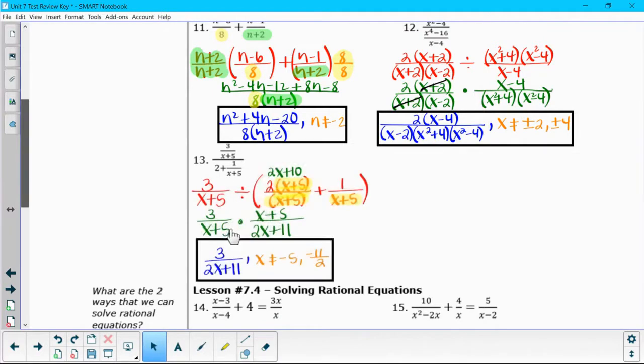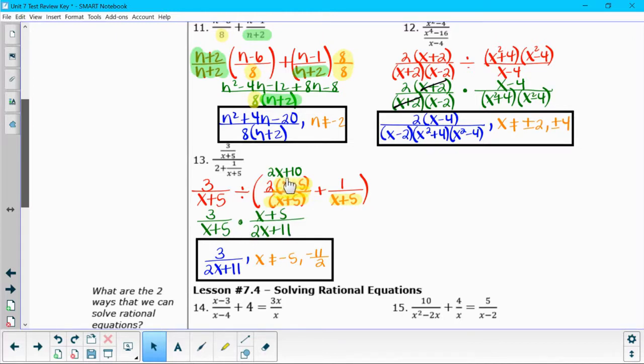So I'm going to go ahead and first rewrite this as 3 over x plus 5 divided by 2. And I went ahead and gave the 2 the factor that it needs, x plus 5 in the top and x plus 5 in the bottom, so that I can combine it to be 2x plus 11 over x plus 5. Once I have that simplified fraction, I move into the keeping the first fraction, changing it to multiplication, flipping the second.